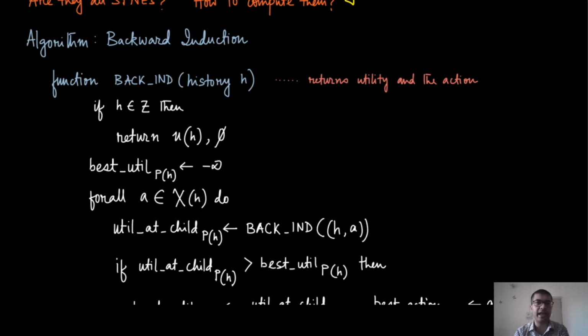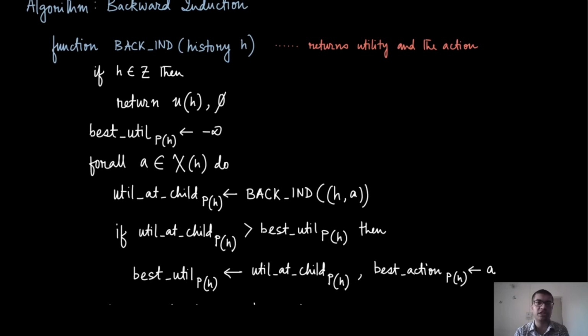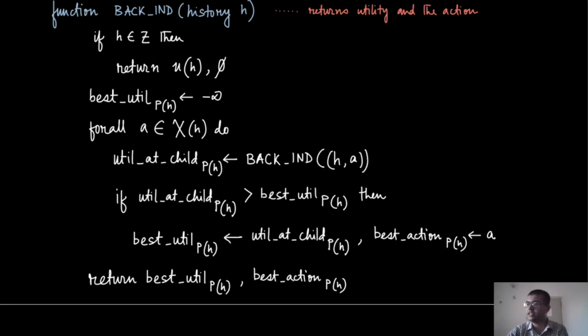So let me end this module by giving you the pseudocode for this backward induction algorithm. It's actually pretty simple. It starts with any given history and then recursively calls itself. If that is a terminal node, you are going to return the utility at that history for both players, and let's say the action.